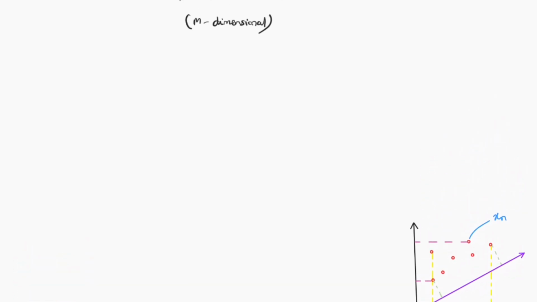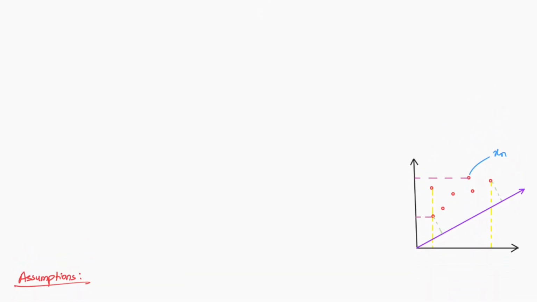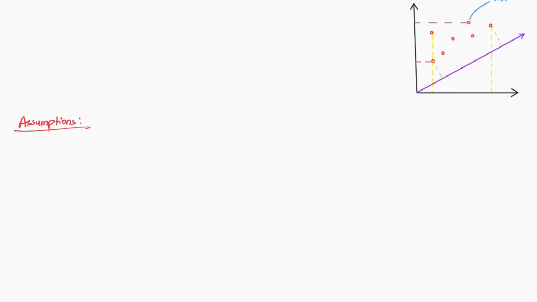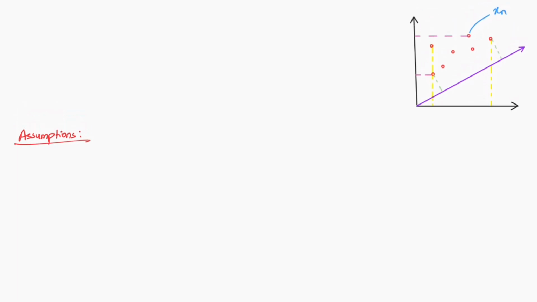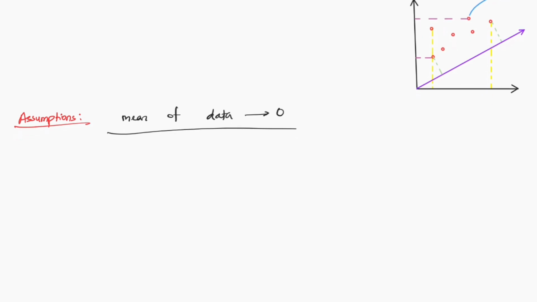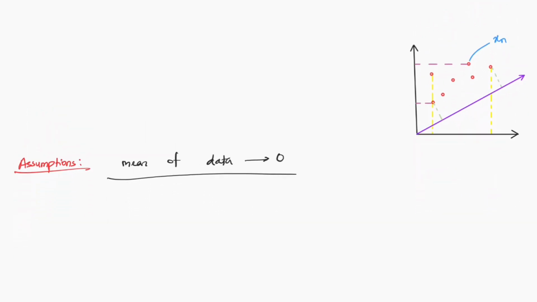We are going to see how we will do it, and in the next section we will prove it mathematically. In this section, let us also try to formulate the assumptions of our PCA. The assumption is that the mean of the data will be kept as 0. This is the only assumption we are using for the mathematical formulation of PCA.